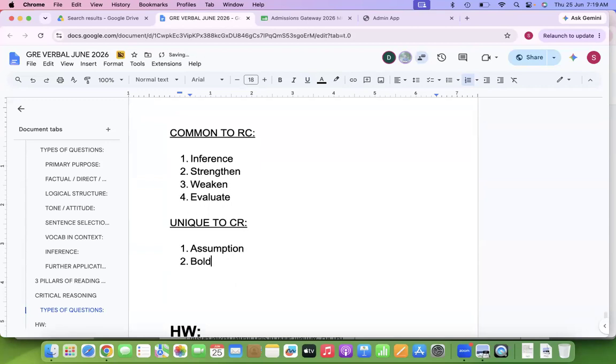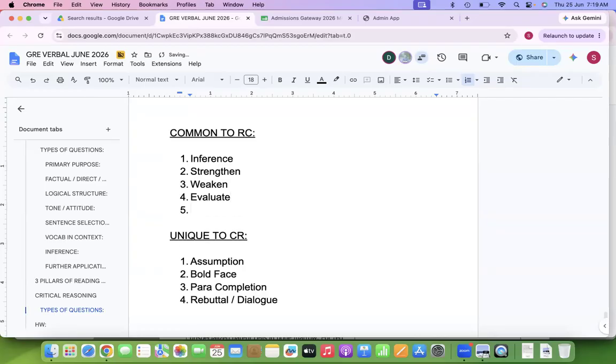Then we have something called boldface, para completion, rebuttal or dialogue based questions. There is a concept of paradox which is tested differently on CR and differently on RC, but the concept is the same.